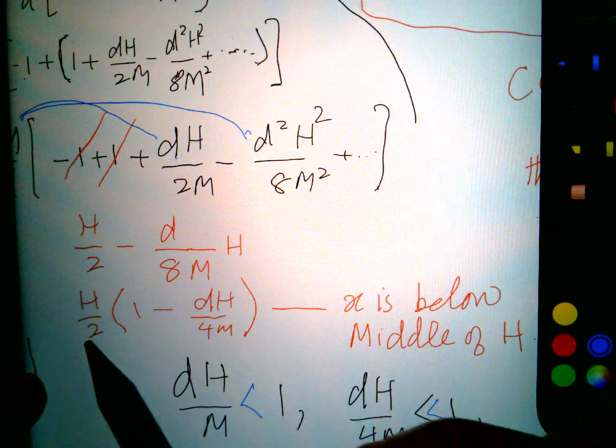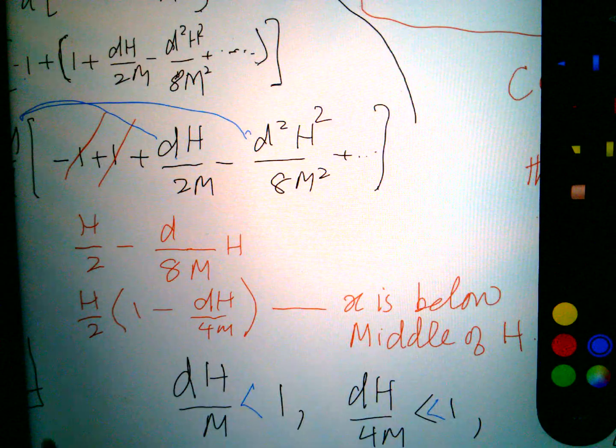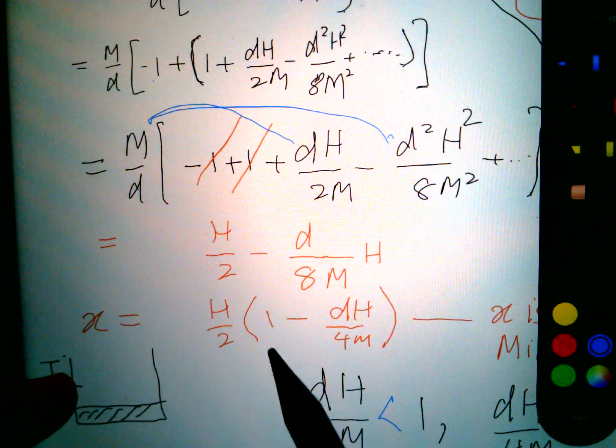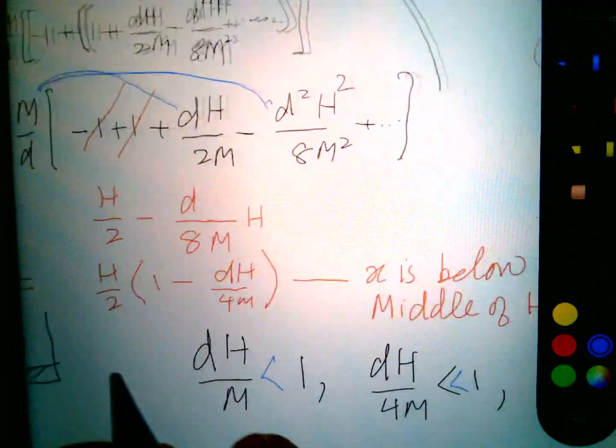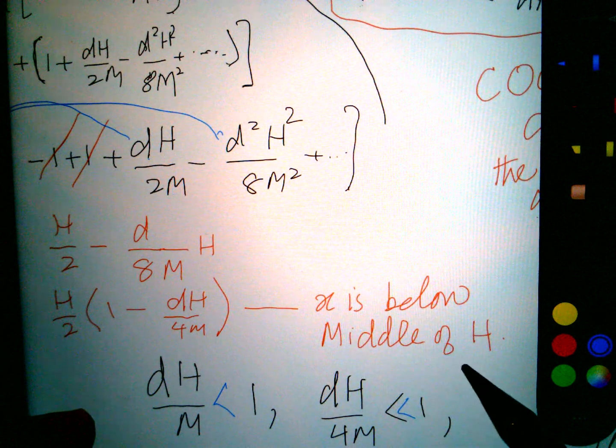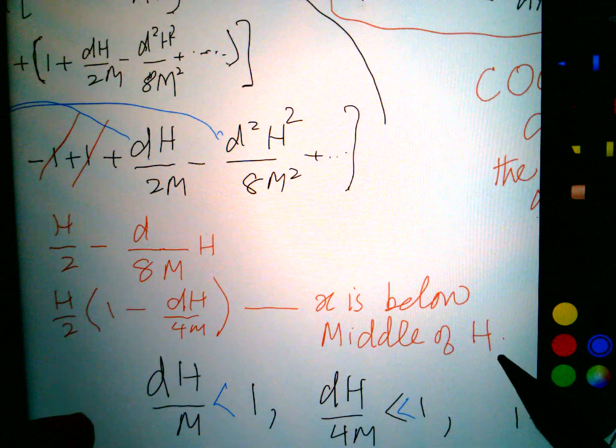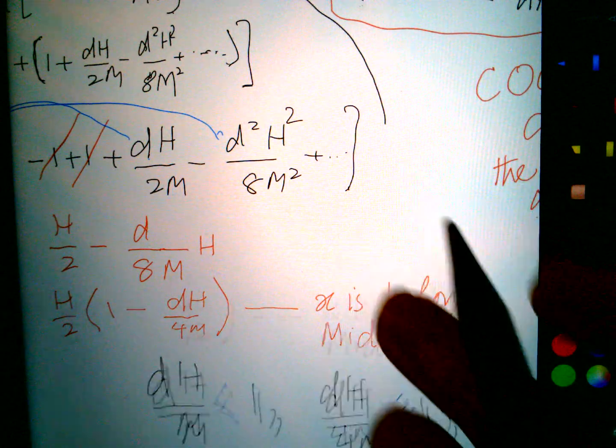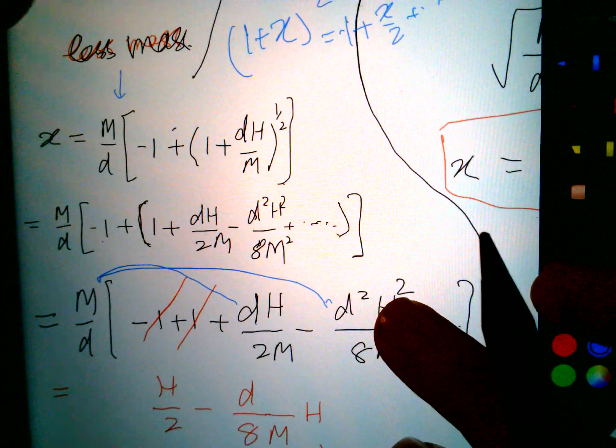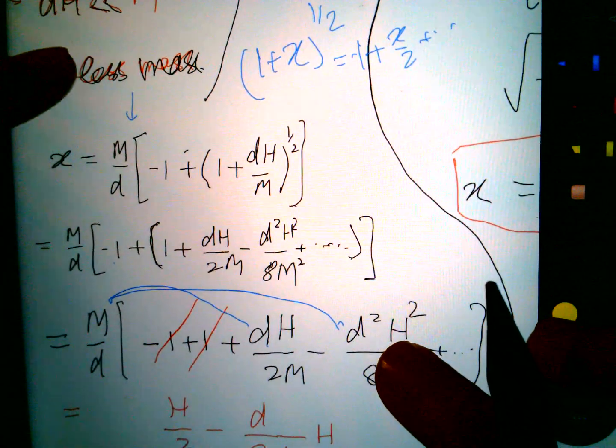So this is less than 1, so x is below the middle of h, if this condition is followed, that the vessel mass is equal to the mass of this one.